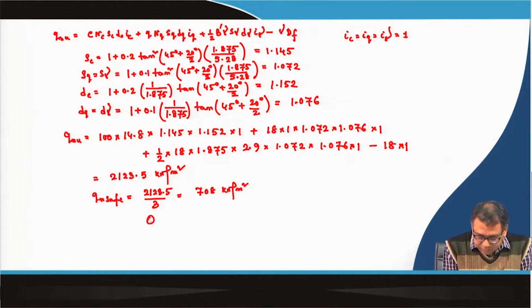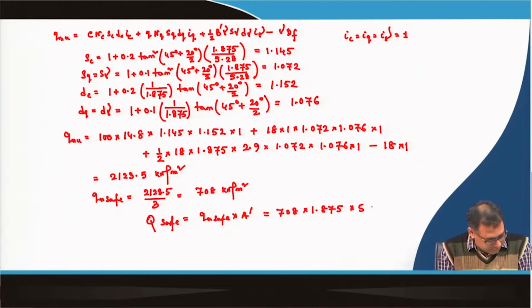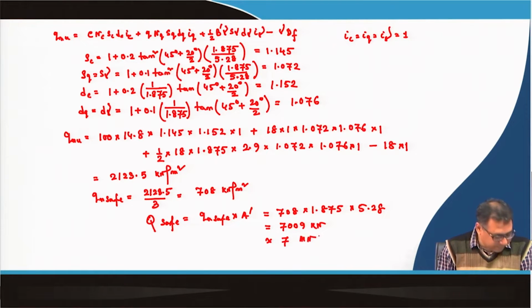Now, the Q safe will be equal to Q net safe into A dash. So, that is equal to 708 into 1.875 into 5.28. So, that is around 7000 kilonewton, which is roughly 7 meganewton.